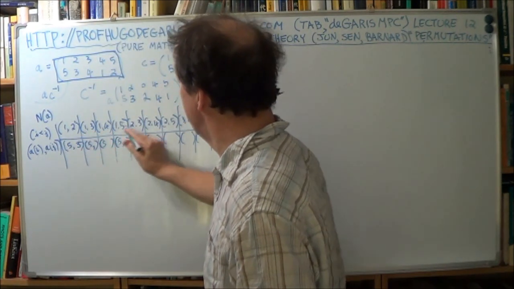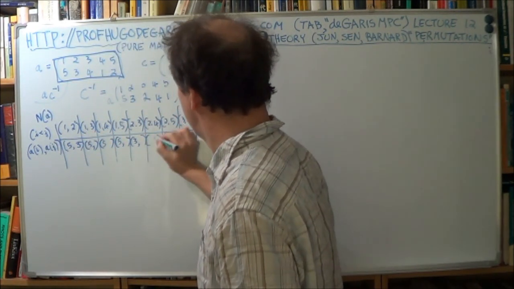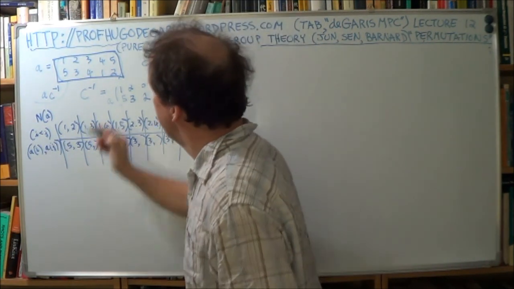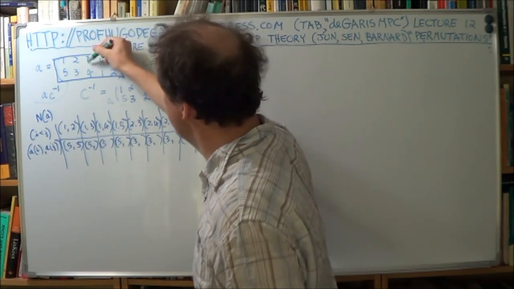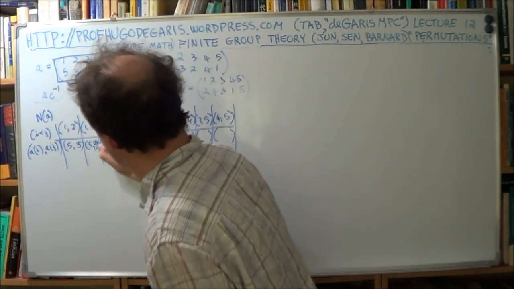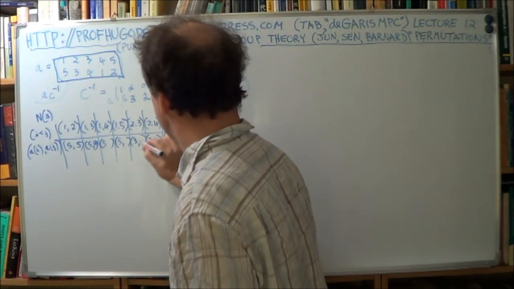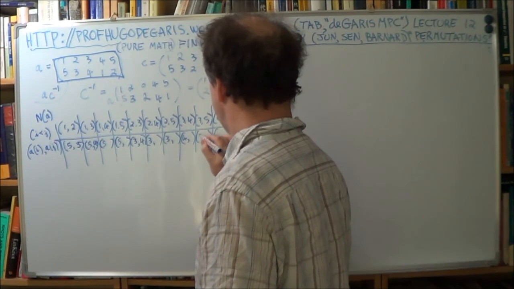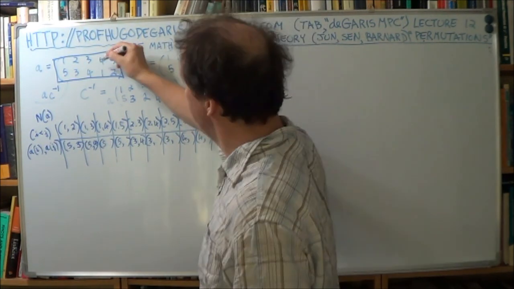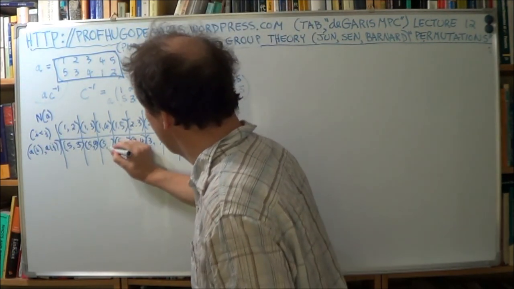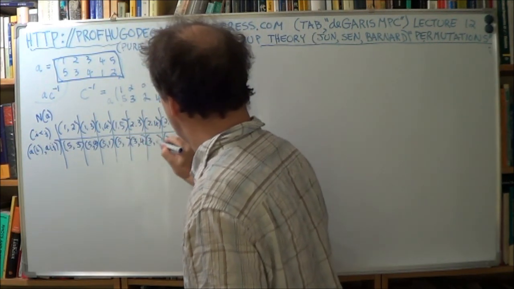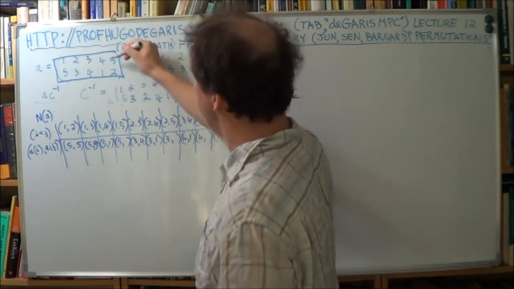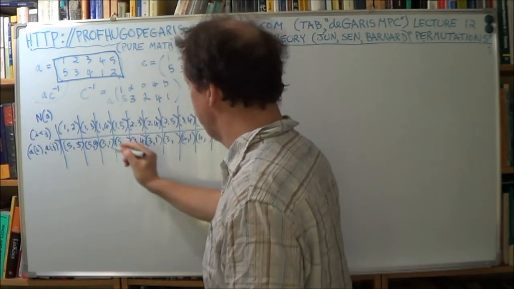So where I've got a 2, put 3. Alright, now 3 permutes to 4. So where I have a 3, put a 4. Okay, 4 permutes to 1, so where I have a 4, put a 1. Right, and 5 permutes to 2, so where I have a 5, put a 2.